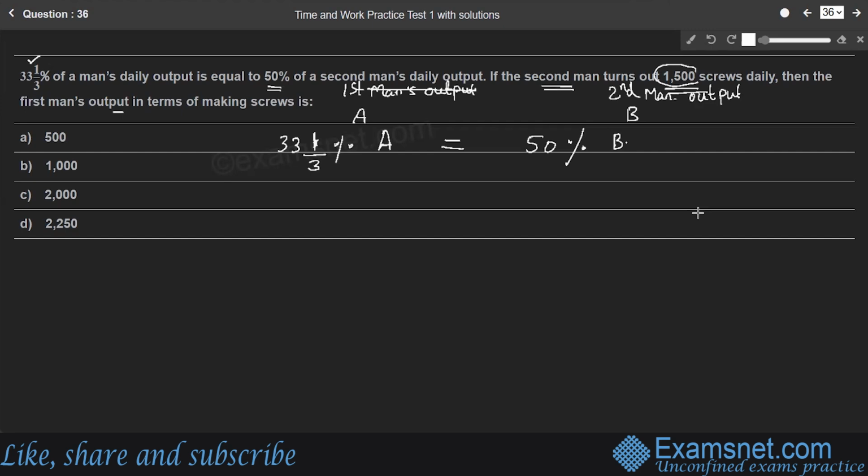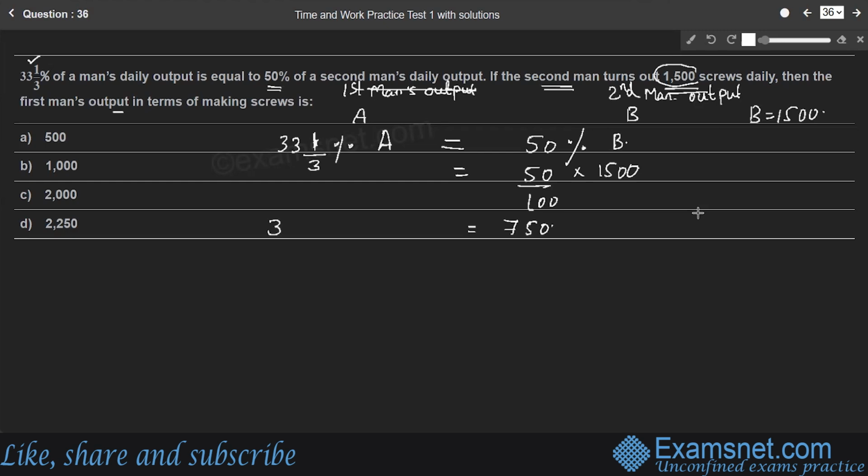So that means the value of B is equal to 1500. His output is 1500. Therefore, 50% means 50 by 100 into 1500, so half of the 1500, which is 750.